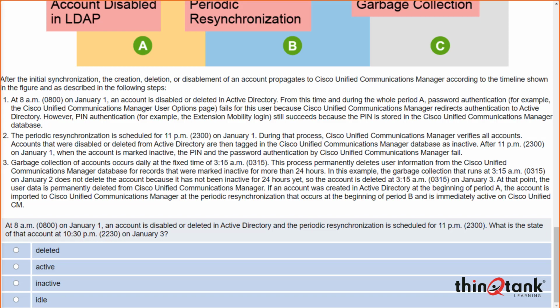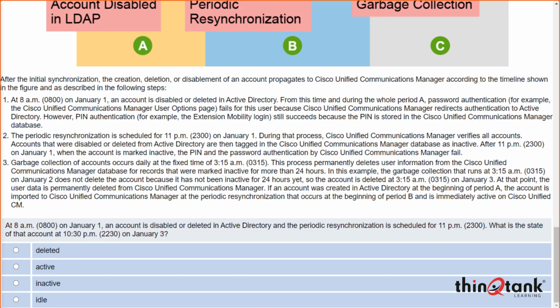At 8 a.m. on January 1st, an account is disabled or deleted in Active Directory, and the periodic resynchronization is scheduled for 11 p.m. What is the state of the account at 10:30 p.m. on January 3rd? Well, in this particular case, the account would be inactive, right?